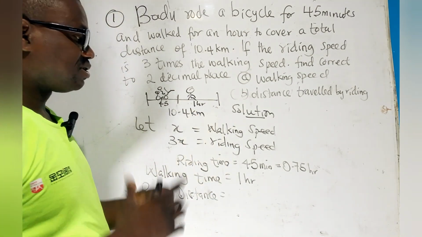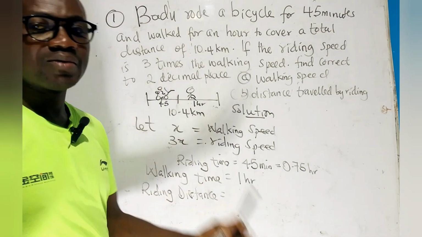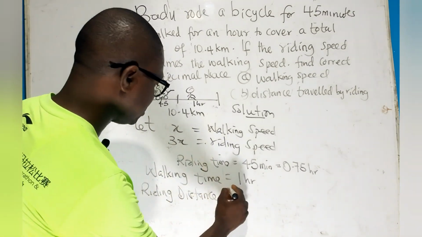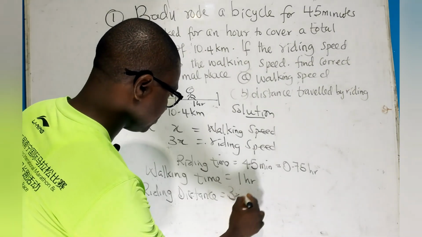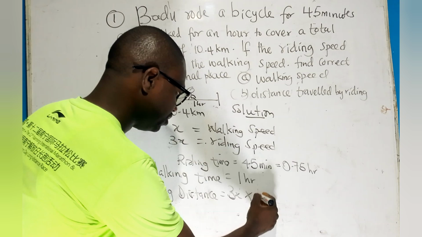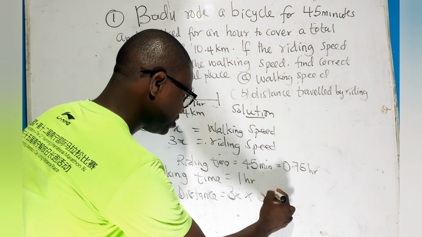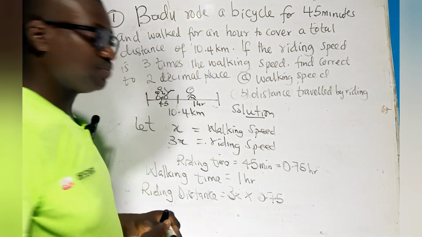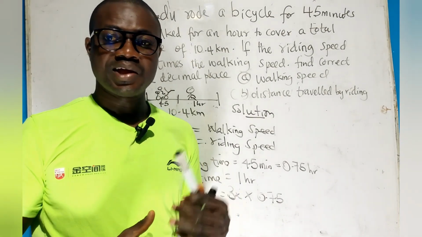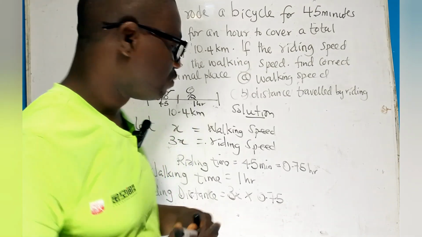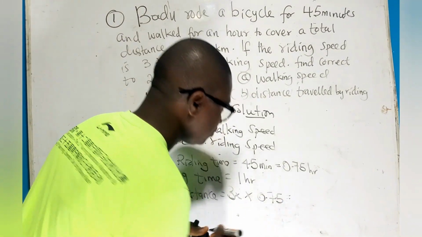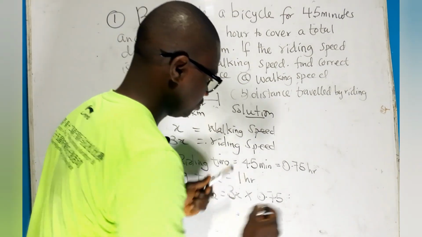That is 3x. And what is our riding time? 0.75. So that will give us 3x times 0.75, which gives 2.25x. So that is the riding distance.